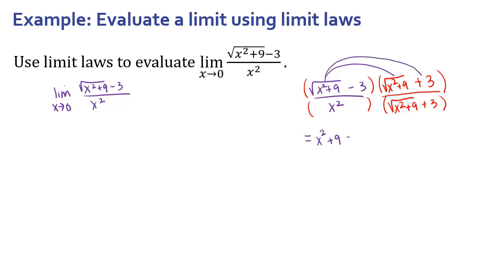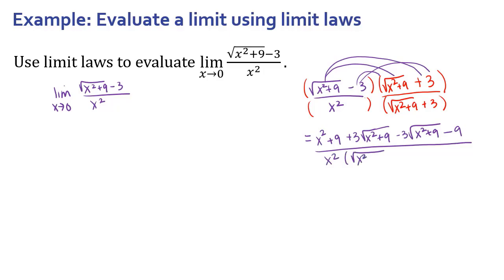Here I'm going to get plus 3 times the square root of x squared plus 9, minus 3 times the square root of x squared plus 9, minus 9, all over x squared times, I'm not going to factor this guy out yet, the square root of x squared plus 9 plus 3. All right, so now that I have this, the reason we multiplied by that conjugate is because in this case, it gets rid of that square root in that numerator.